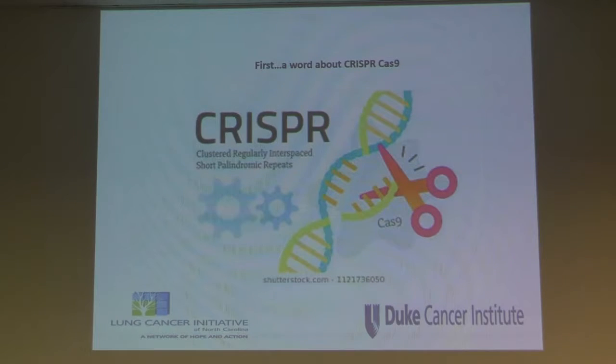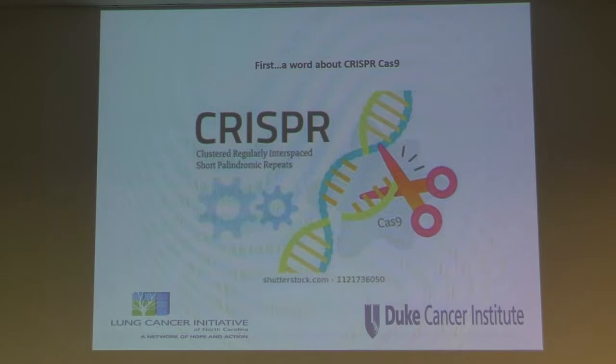This technology that bacteria have developed actually allows them to protect themselves against viruses. And we have been able to take advantage of that by using a sequence of DNA and a short sequence of RNA to be able to target specific genes.